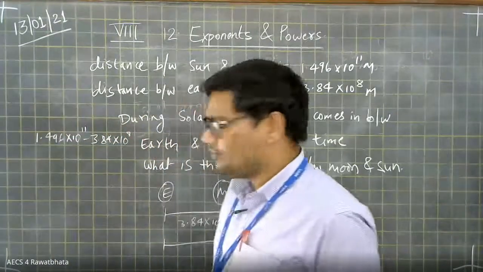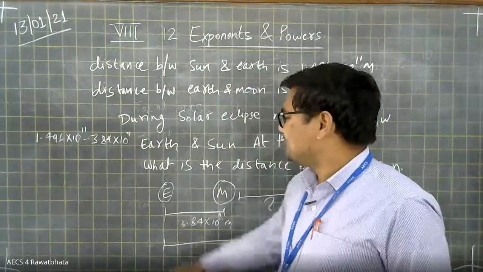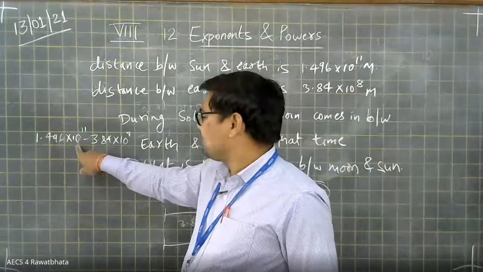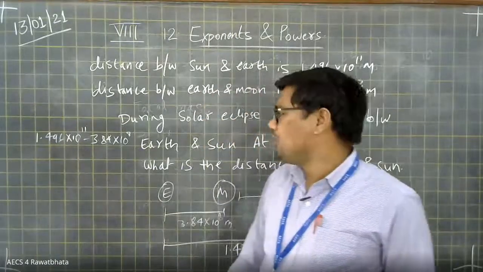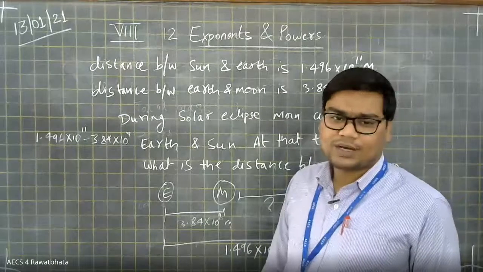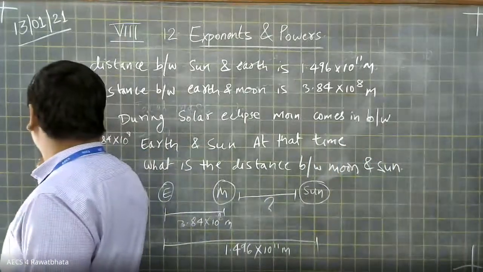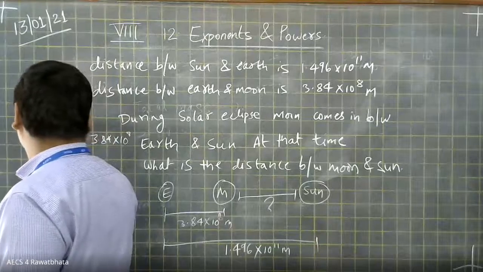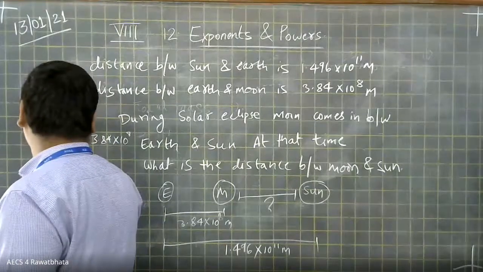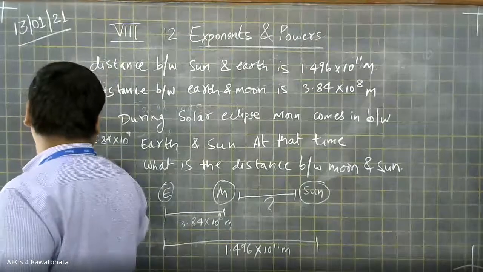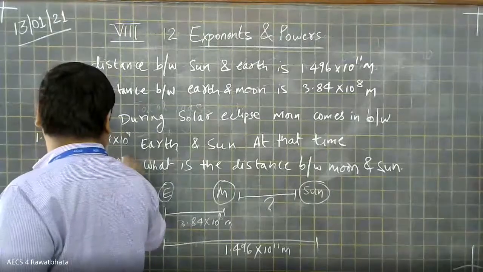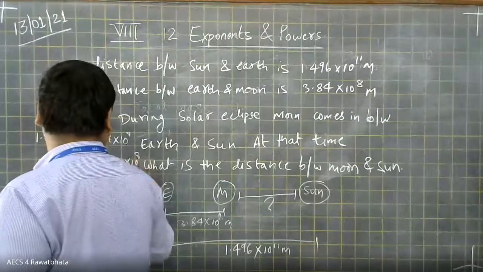Again we have to make this power as 8, so we are going to remove 3 powers. It will become 1496 into 10 to the power 8 minus 3.84 into 10 to the power 8.